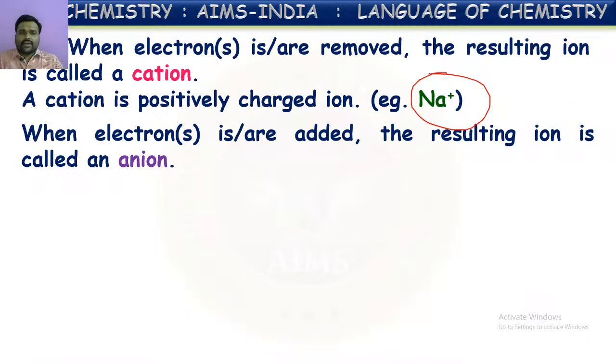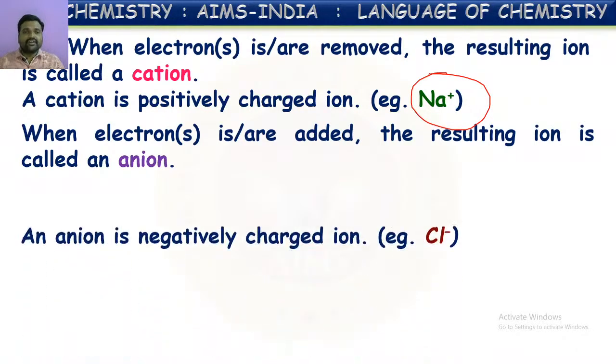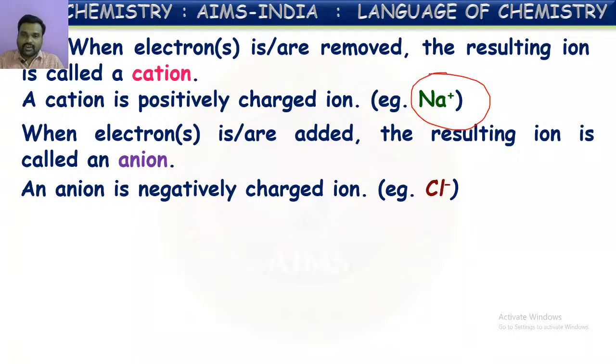When one or more electrons are added to an atom, the resulting ion is called an anion. Anions are negatively charged. For example, the Cl minus ion. When chlorine gains one electron, it forms a Cl minus charged particle, called the chloride ion. It is also called an anion. Why does Cl get a negative charge after gaining one electron?